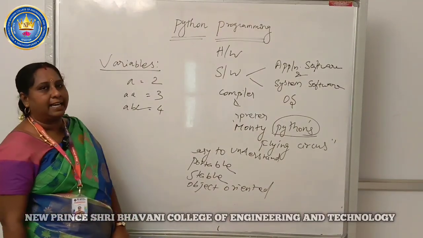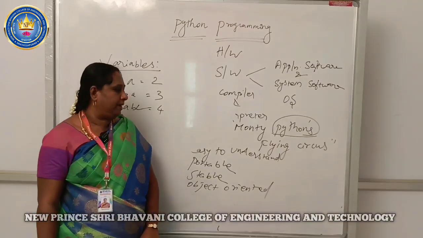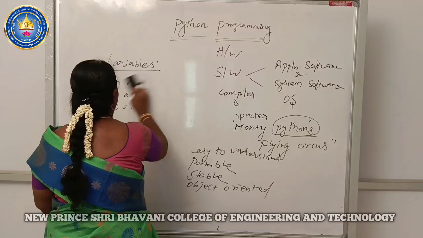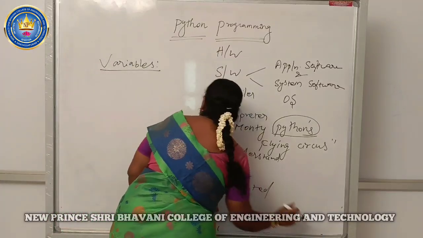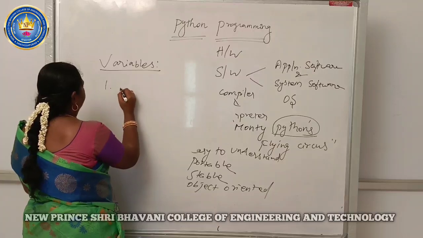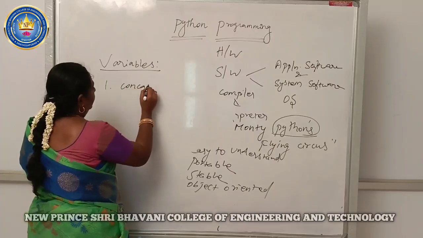Then what are the types in variables? There are many features available in variables. Number 1, concatenate the variable.